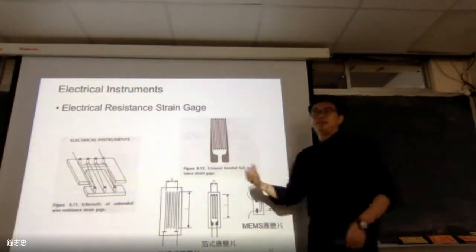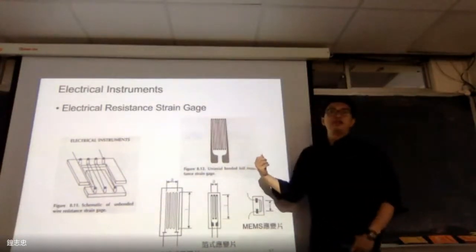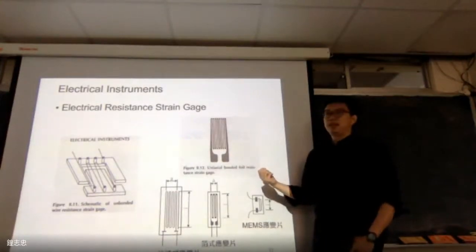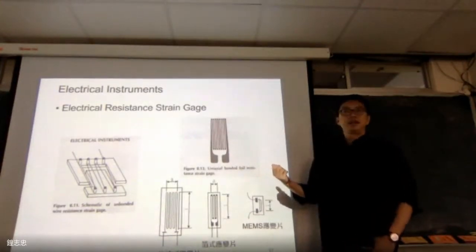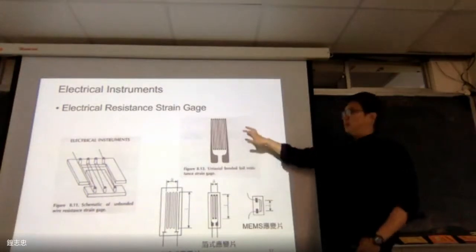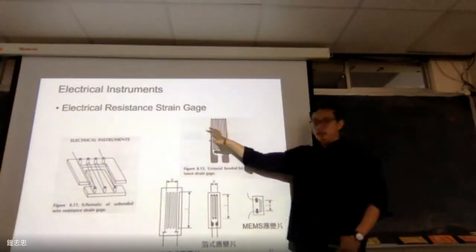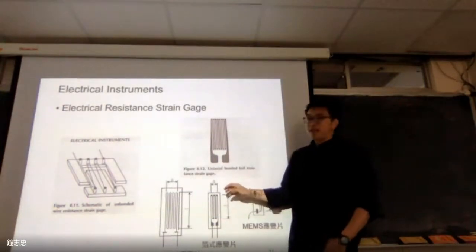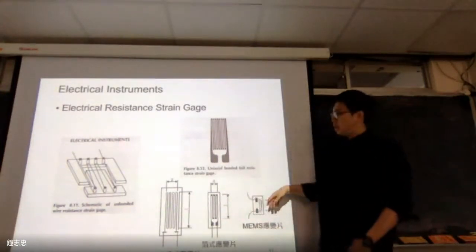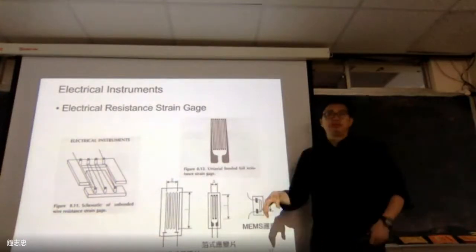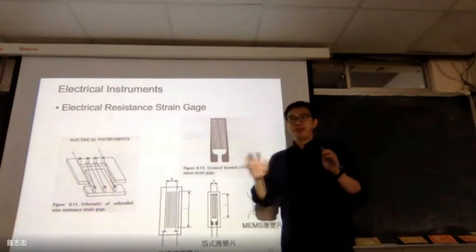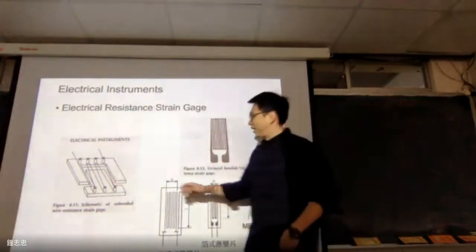So next, I would like to go to the electrical instrument. The first one, guys, you need to understand is the basics of the electrical instrument at all. What we call the strain gauge. Okay, strain gauge. It is supposed that all of you already learned the basics of physics.